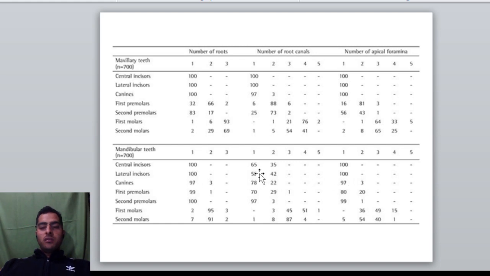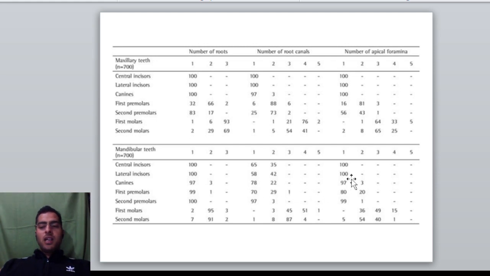So 35 cases were there with a type 2 canal system. There were two canals and only one apical foramen. Here in the lateral incisors, also in the mandible, you can see 58 with one canal, but 42 with two canals, and the apical foramen is only one.